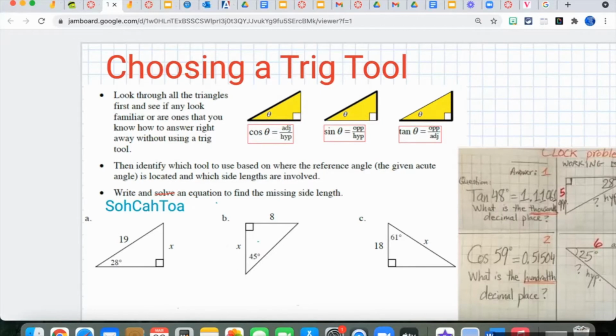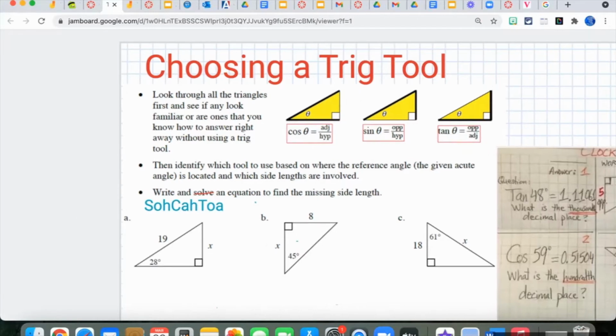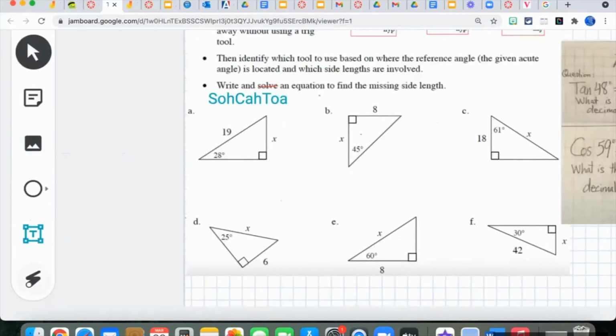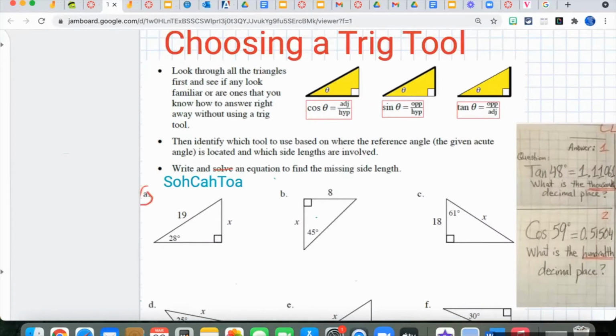So first we are going to assess A. And I'll pick up the laser so that we can point out a few things. On letter A, the first one, we are looking at 3 pieces of information given to us. The number 19. The x is given to us to look for. It's not given with information, it's a variable that we're looking for. And then the 28 degrees is the angle on it.